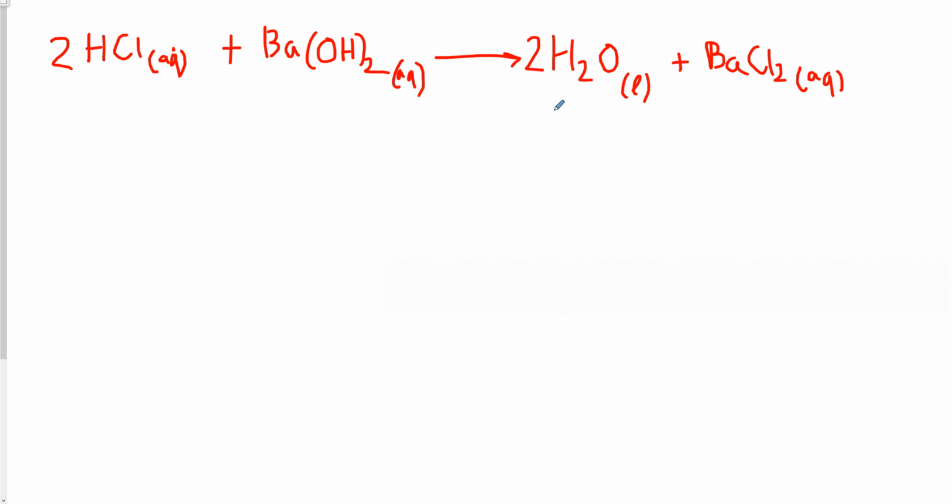Now I ionize or dissociate everything. So remember HCl, it's a strong acid. It's going to turn into 2H plus aqueous plus 2Cl minus aqueous. Then we've got our barium 2 plus aqueous. And we have our 2OH minus aqueous.